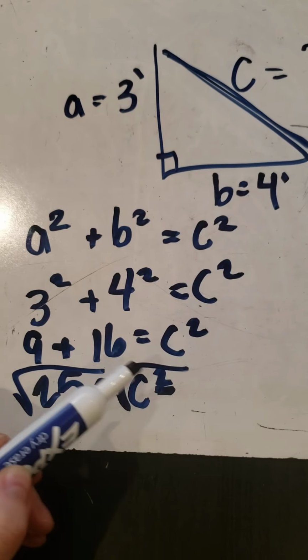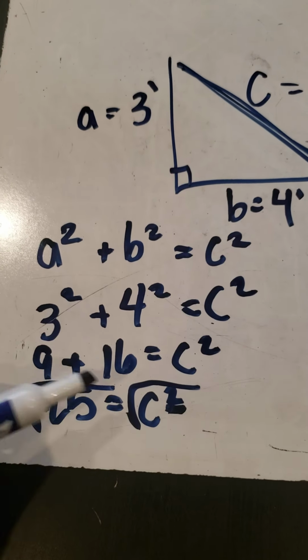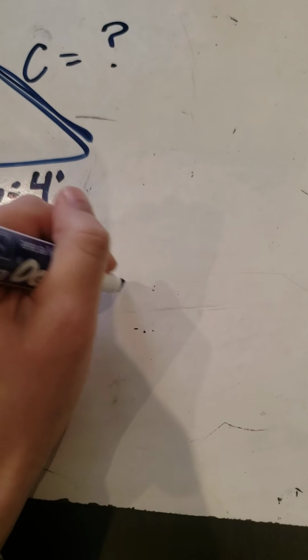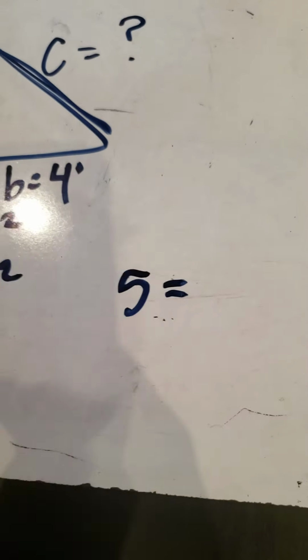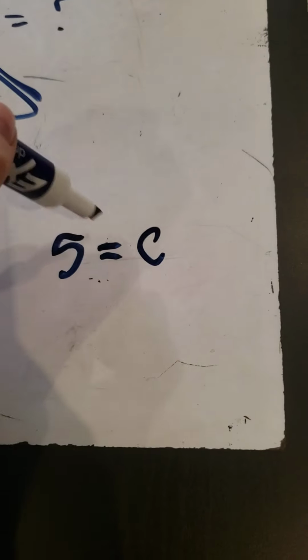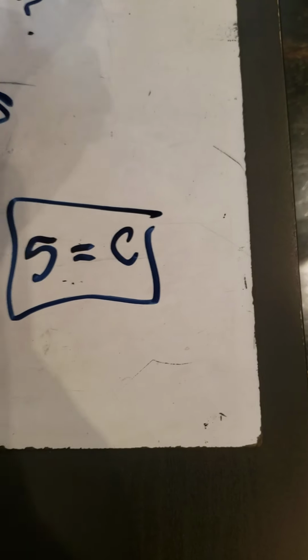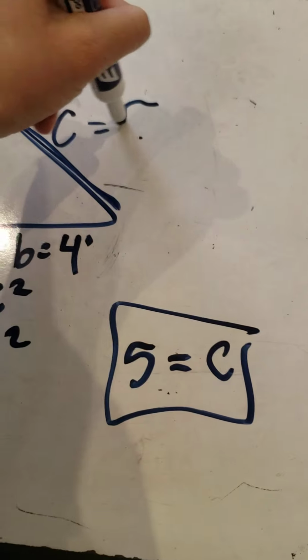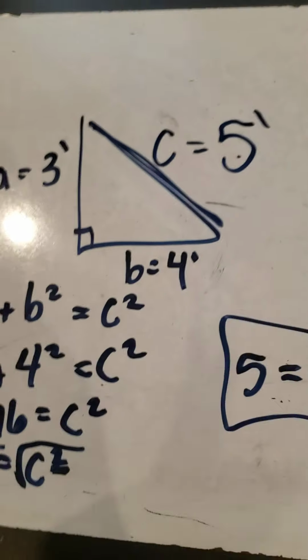So take the square root of c squared and the square root of 25. Now the square root of 25 would be 5. And the square root of c squared would simply be c. So there is the length of the hypotenuse of our right triangle, 5.